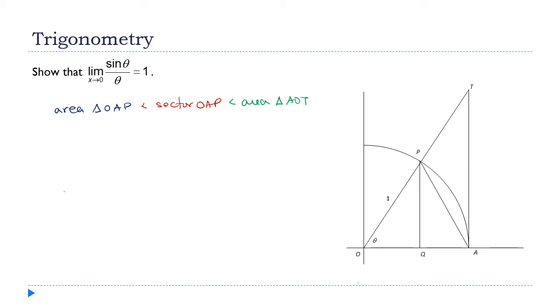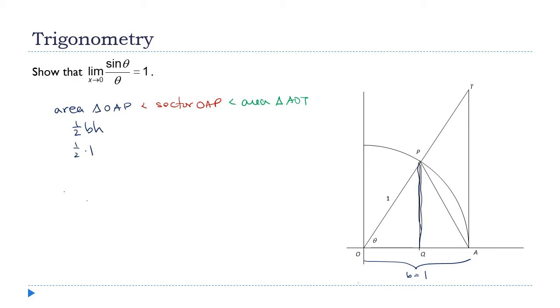So let's see. The area of triangle OAP, that's 1/2 base times height. Well, the base is this, but that's a radius of the circle, so the base is just 1. So this is 1/2 times 1. And the height, that's this line here.